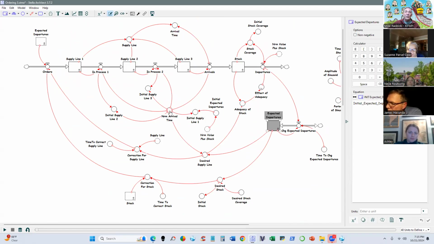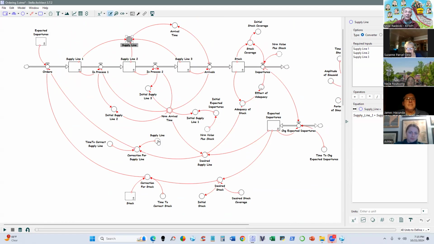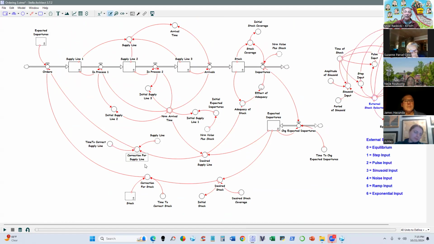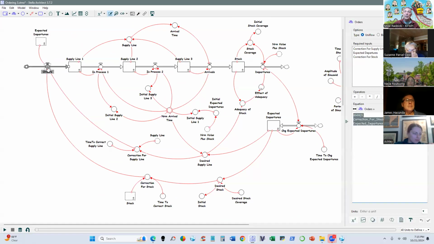You have this times this is desired supply line, correction for the supply line. So that's copied there, and time to correct. Okay. Correction for the stock and replace on average what we're losing. Make sure we don't order a negative beer from our supplier.